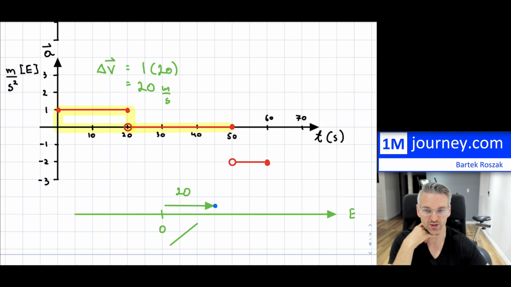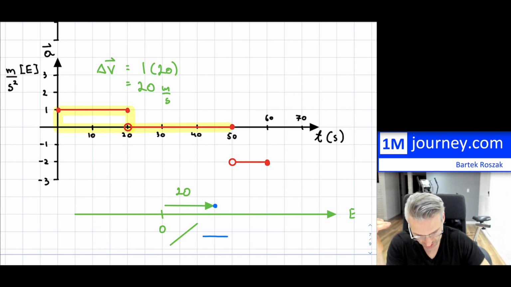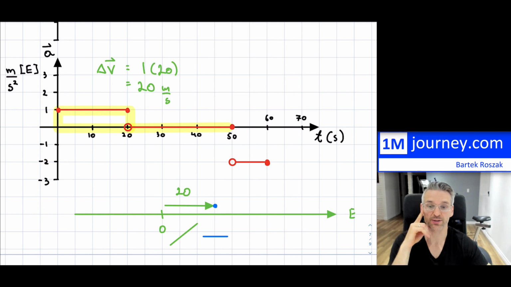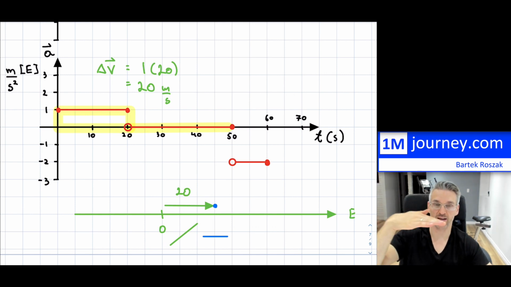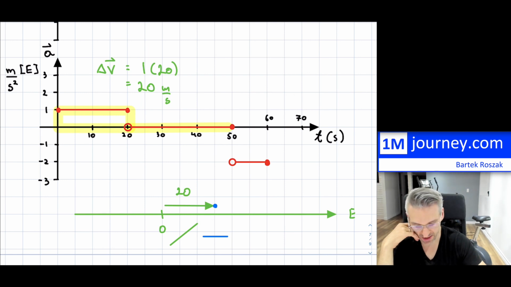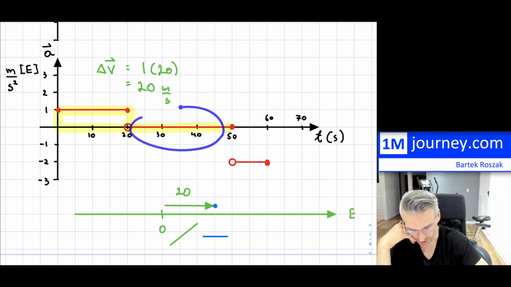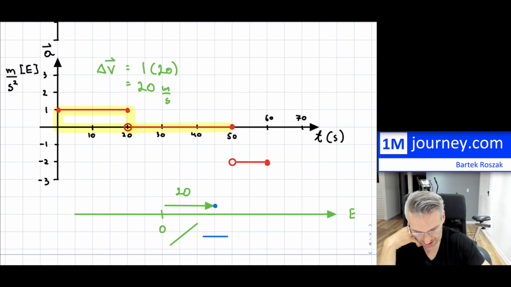So velocity is not going to change, it's just going to stay at 20 for that particular duration. That would mean it's a flat line at 20 meters per second. The slope of a flat line is 0, and indeed that's what we see on this particular graph. The last component is this particular component.